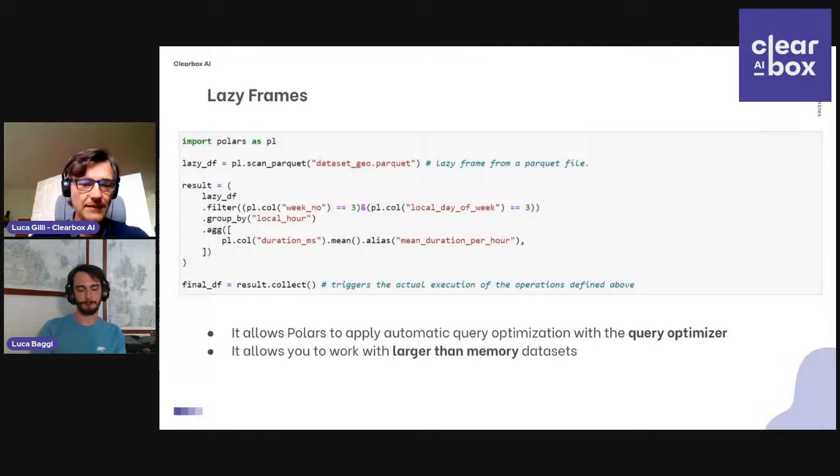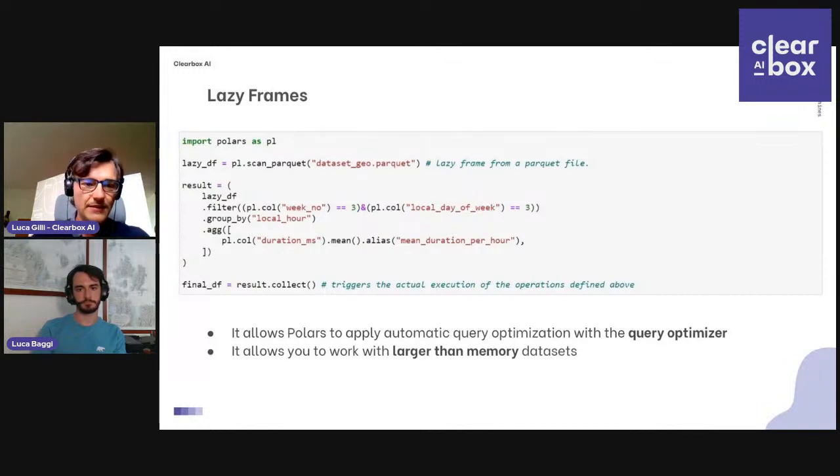The most important thing is that it also allows you to work with large in-memory data, which can be very problematic with Pandas. This is very interesting, and I think it differentiates Polars a lot from Pandas.